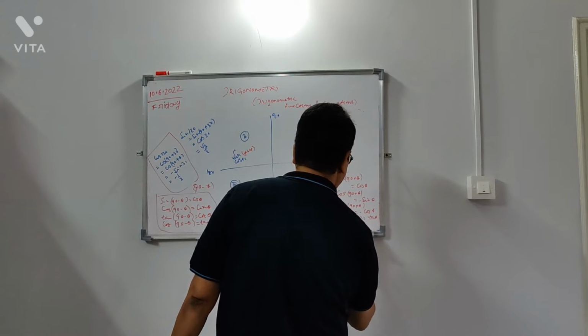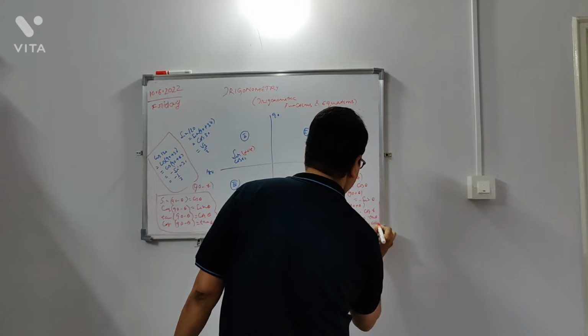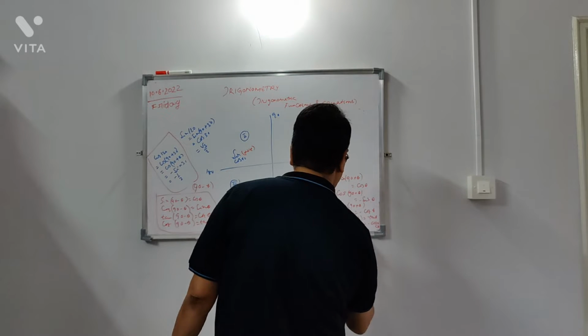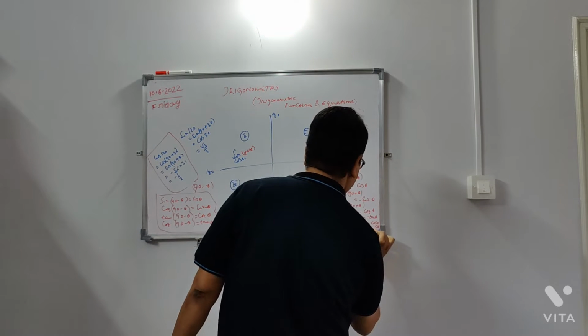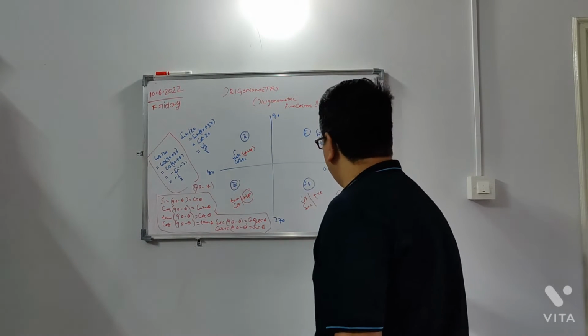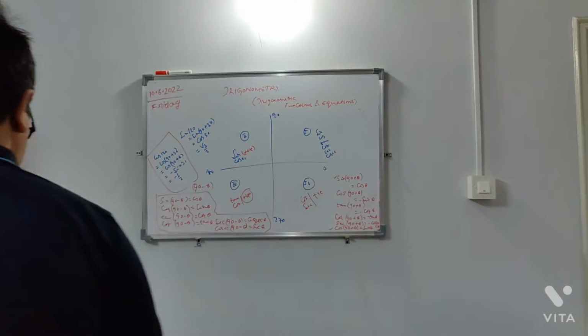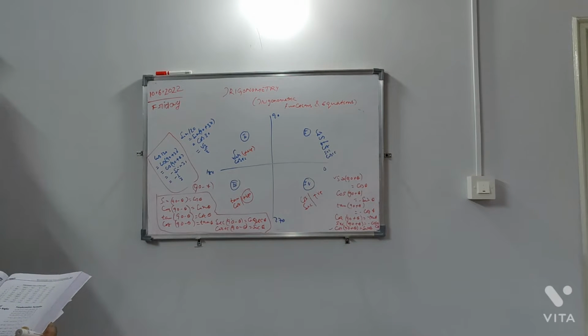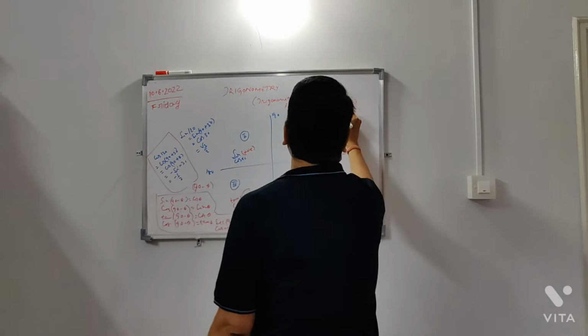Then sec 90 plus theta is equal to minus cosec theta. And cosec 90 plus theta is positive, equal to sec theta. So sine and cosec, these two are positive, because that is about 90 plus theta.